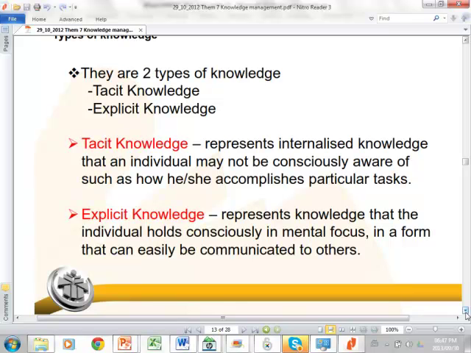With tacit knowledge, the individual may not even be consciously aware that he or she has such knowledge. Has it ever happened to you that you're busy with an everyday task that you do every day, and suddenly you think, but how do I really plait my hair? I can plait my hair, but how do I do it?